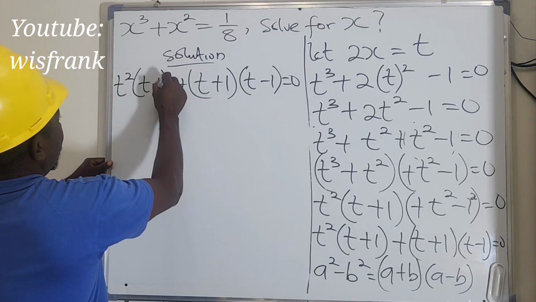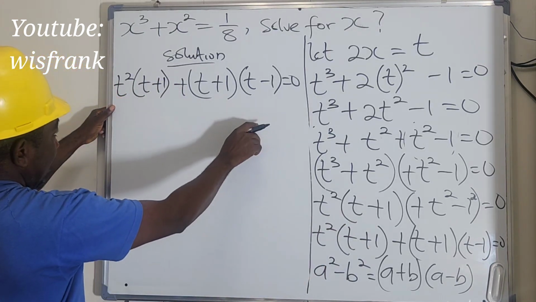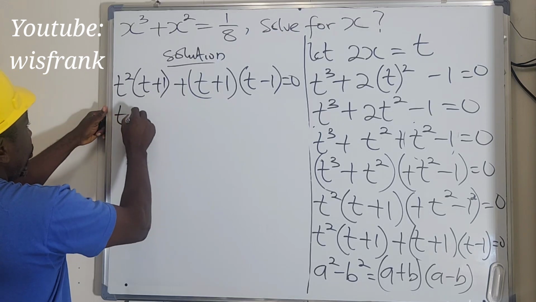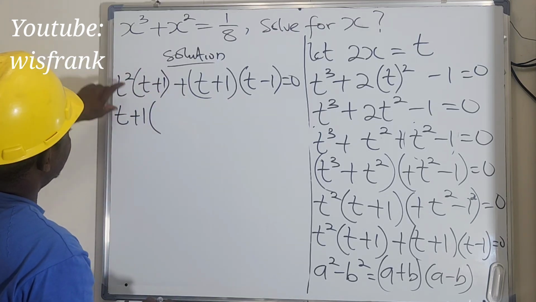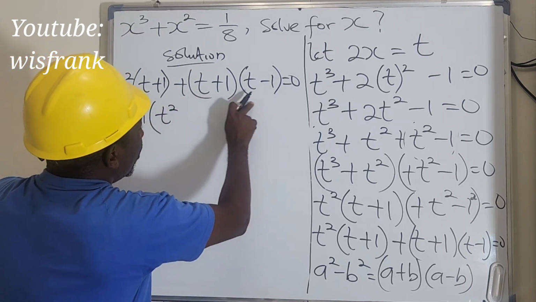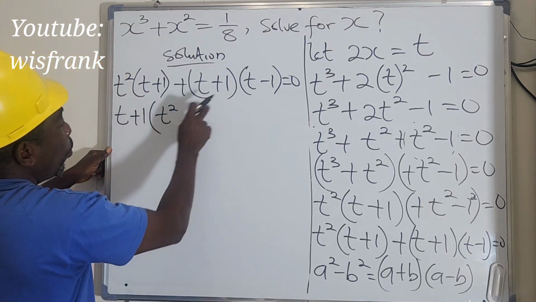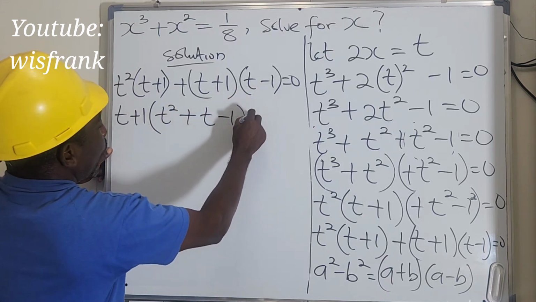Okay, this is plus 1, sorry. t plus 1 we have here. So to factor this expression, we have t plus 1 as a factor. When we divide the whole of this place by t plus 1, it will give us t squared. Then we divide the whole of this by t plus 1, will give us t minus 1. So this will become plus t minus 1 equals to 0.